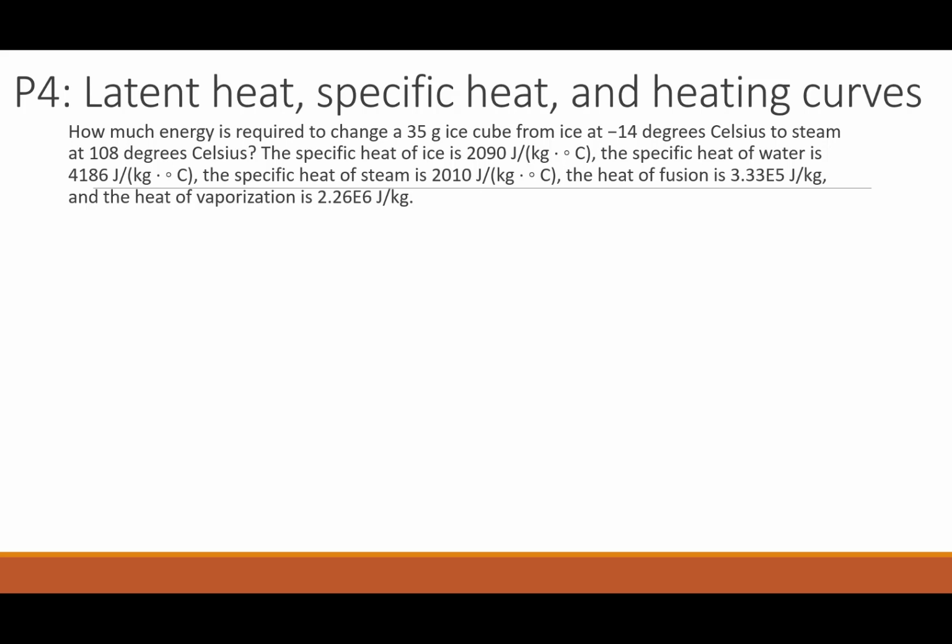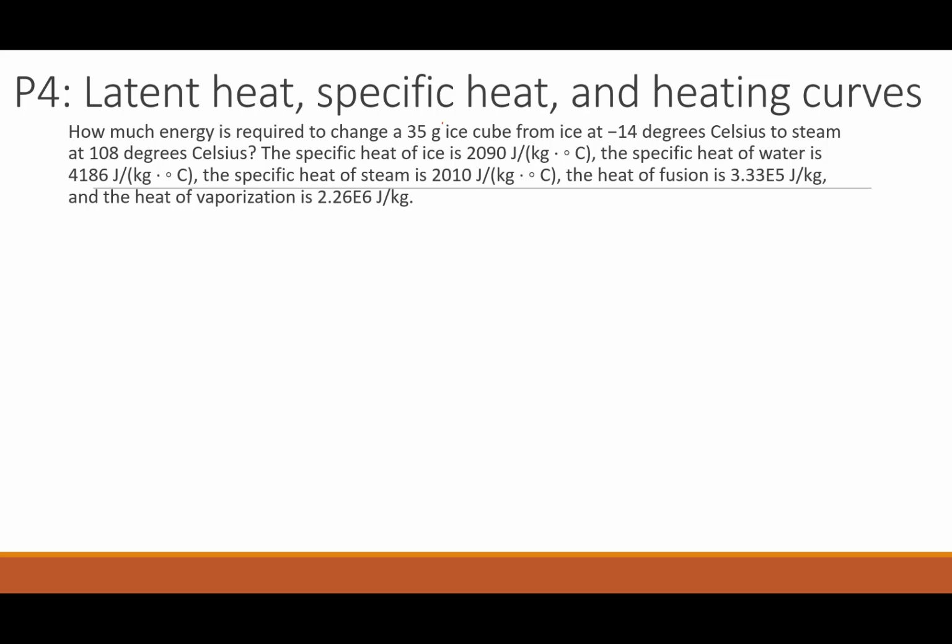The specific heat of ice is 2090 joules per kilogram degree Celsius. Specific heat of water is 4186 joules per kilogram degree Celsius. The specific heat of steam is 2010 joules per kilogram degree Celsius. The heat of fusion is 3.33 times 10 to the 5 joules per kilogram, and the heat of vaporization is 2.26 times 10 to the 6 joules per kilogram.